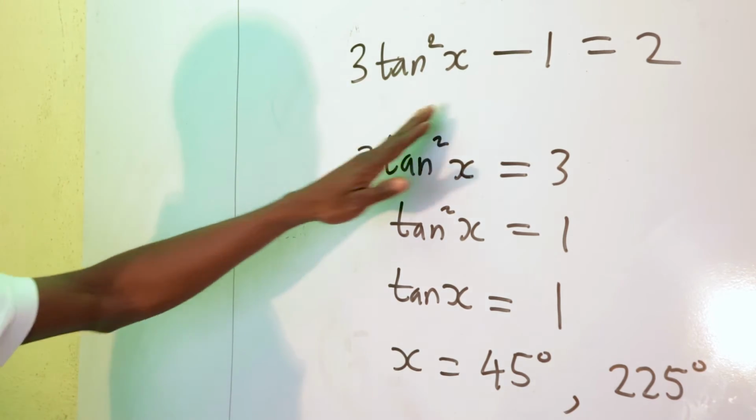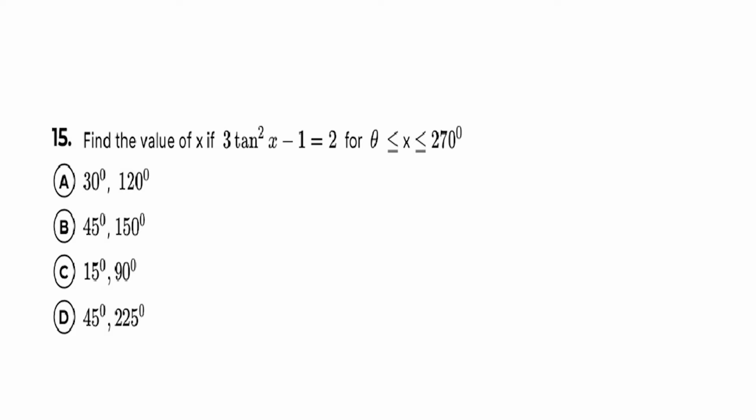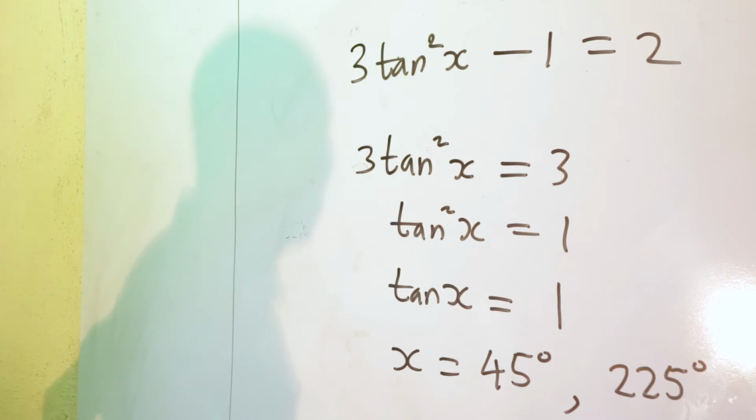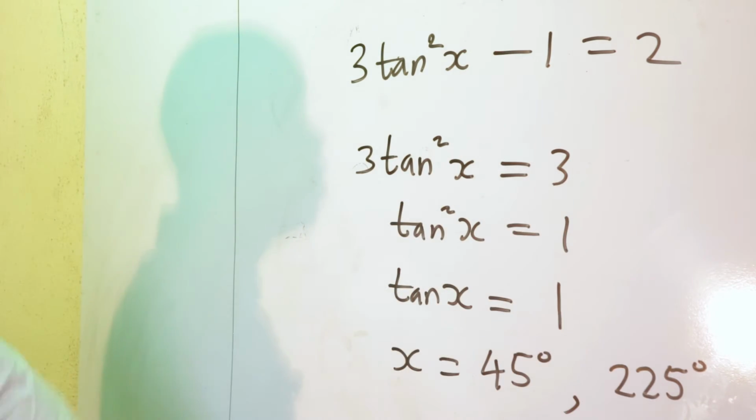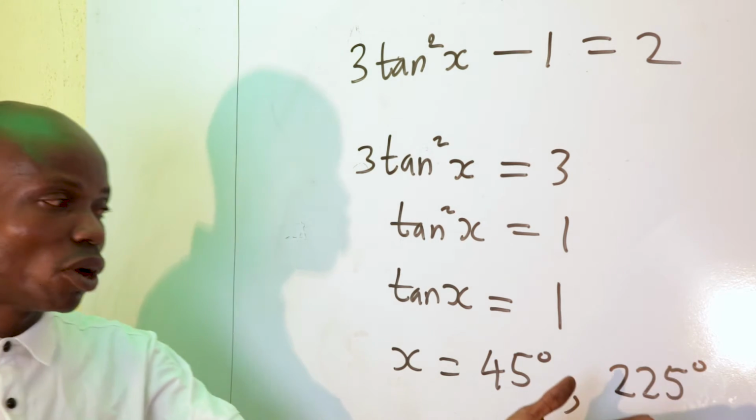Now, we are asked to find the value of x in number 15, where 3 times square x minus 1 equals 2. We make 3 times square x the subject, and we obtain the value of 3 times square x to be 3. Dividing both sides by 3, we have times square x to be 1, and times x gives 1.